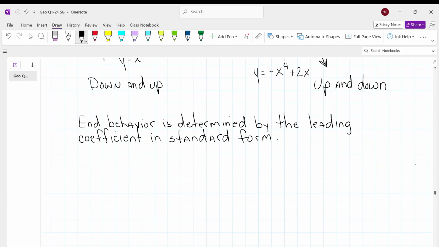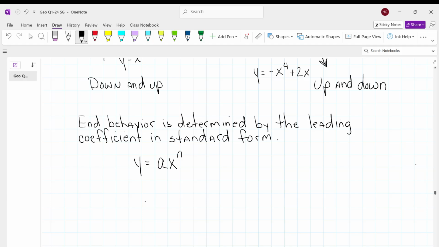And I'm going to give you a table that you can use based on y equal to ax to the nth power, a being the leading coefficient, n being the highest power in the function, and a being the term in front of the variable.